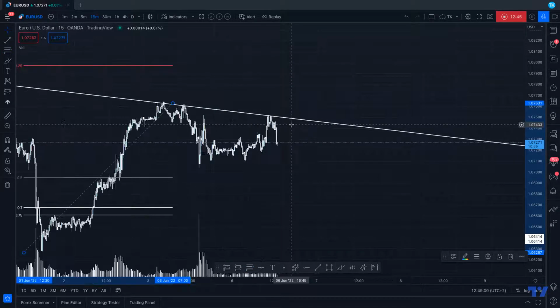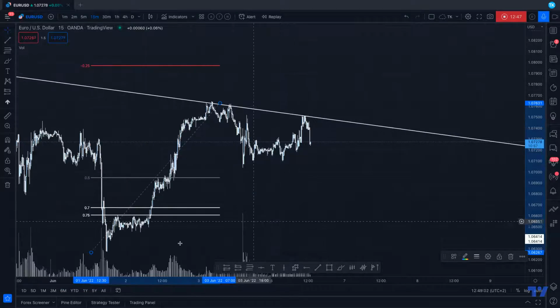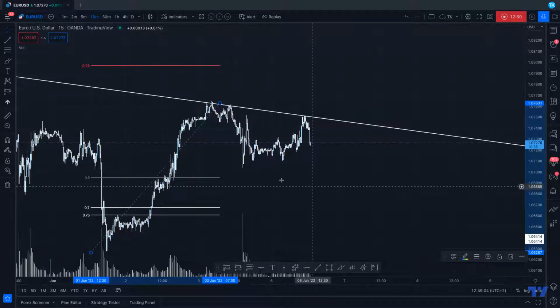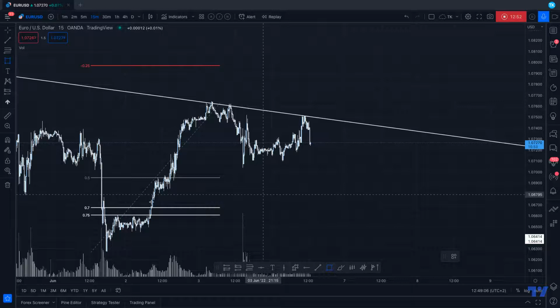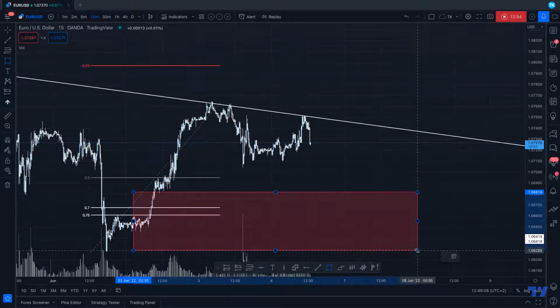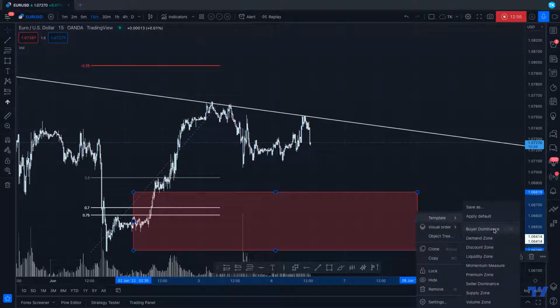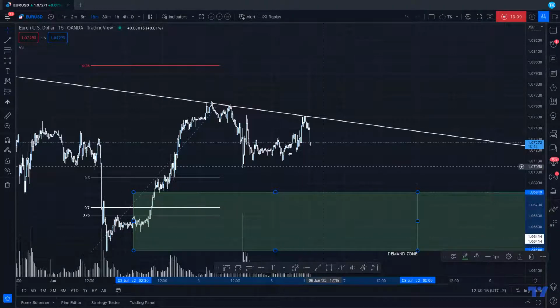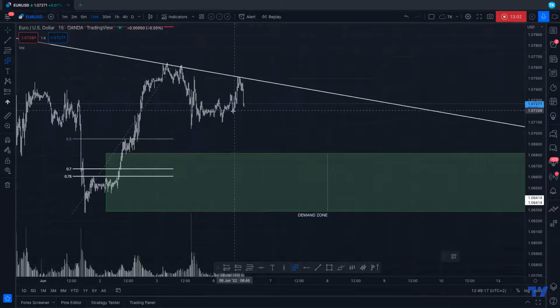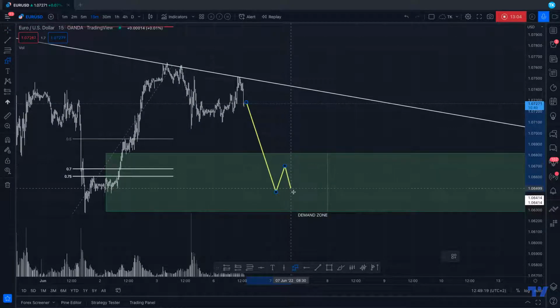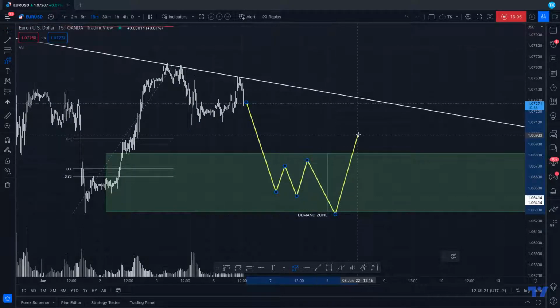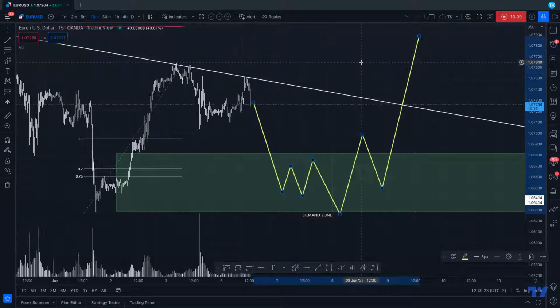So what does it mean for today and probably the next day? We are going to wait for the price to reach the discount zone, which is above the 50, which is this one. This is our demand zone, in which we wait for the price to make the pattern and then go long.